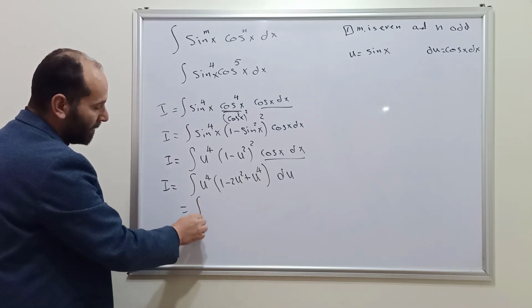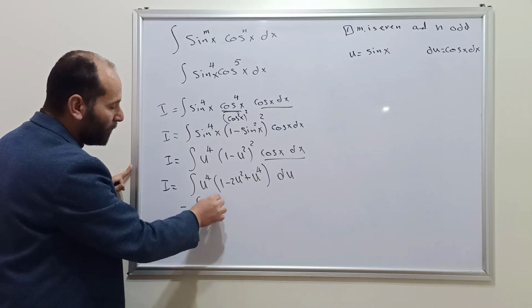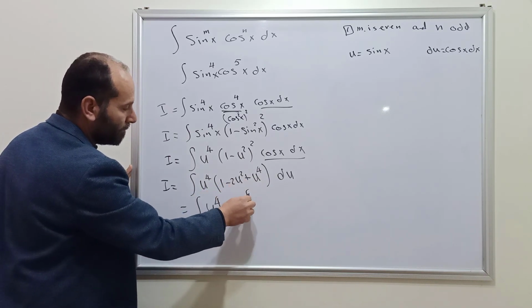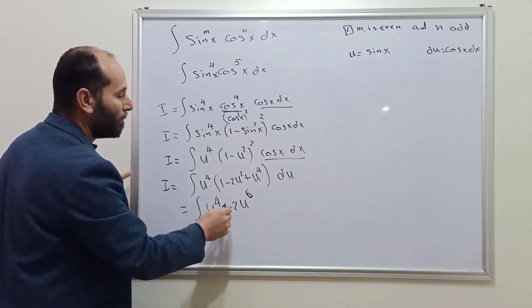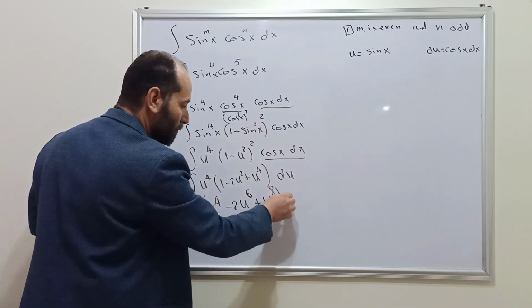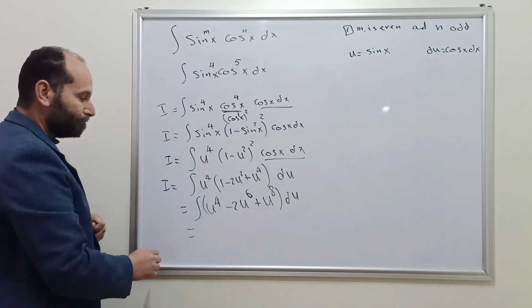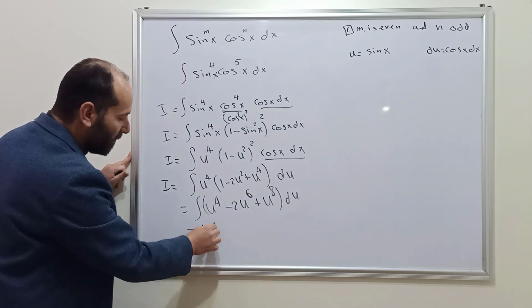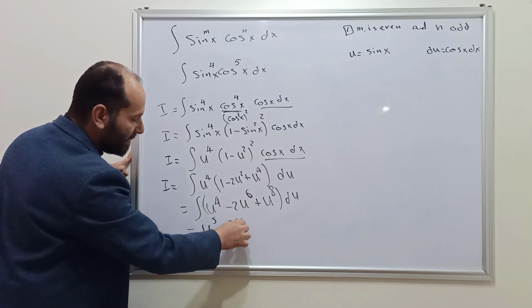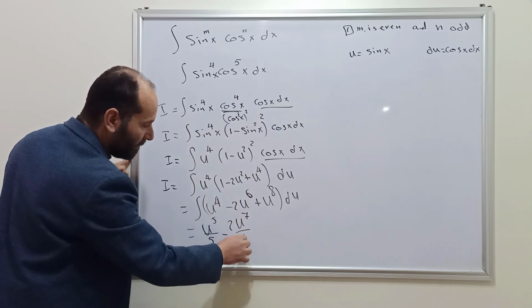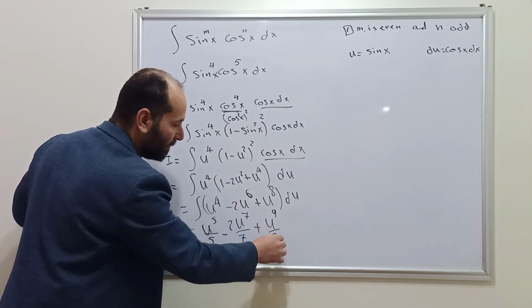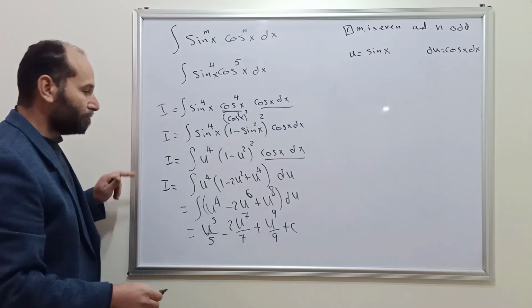We expand this. It equals the integration of u power 4 minus 2u power 6 plus u power 8 du. This equals u power 5 over 5 minus 2u power 7 over 7 plus u power 9 over 9 plus c.